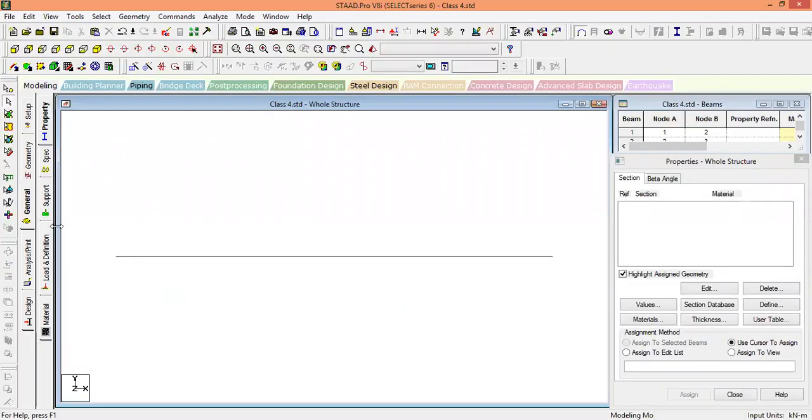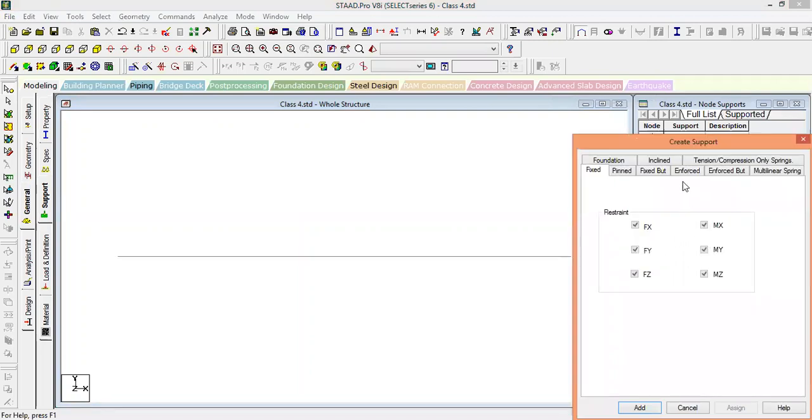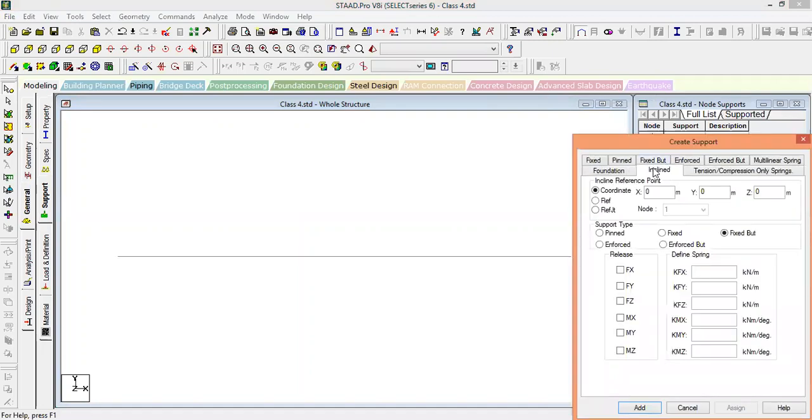Now we'll go to general support, create. You have your inclined support. You have to give a coordinate. There are various ways, you can go for reference joint, but I will use the coordinate system. Our x value is 3 and y value is 4, which is the slope.